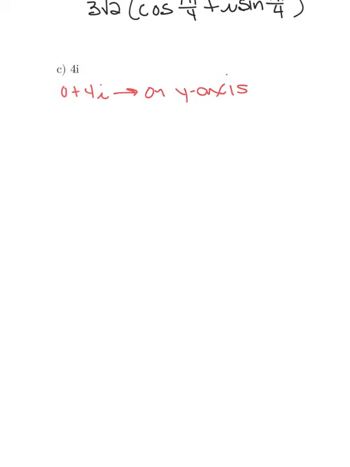Because you are on the positive y-axis, think about that. What angle is on the positive y-axis? That angle has to be pi over 2. There's no choice, so there's no figuring on this one as to what angle it's going to be. We do need to find r.